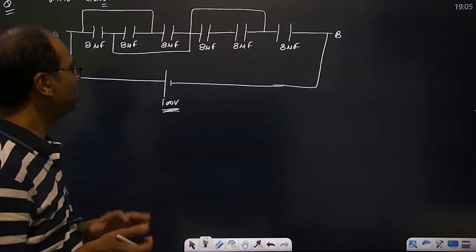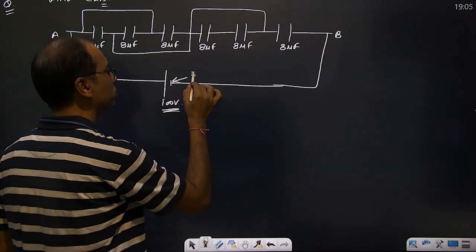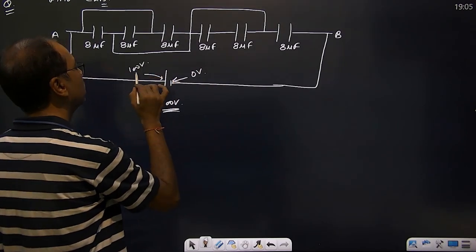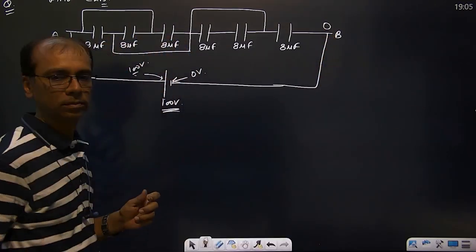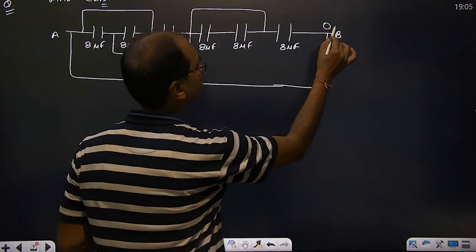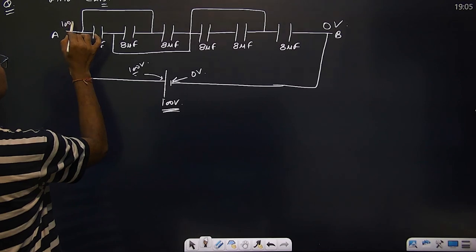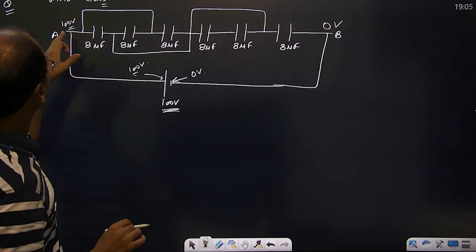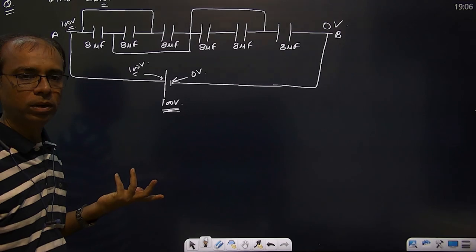Now, in the previous question, I told you to take 0 volt here. Here also you do that. Here is 100. So 0 volt means here 0, and here 100 volt. Perfect. Now here 100 means here also 100, connecting wire only.